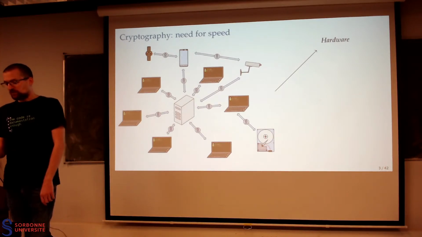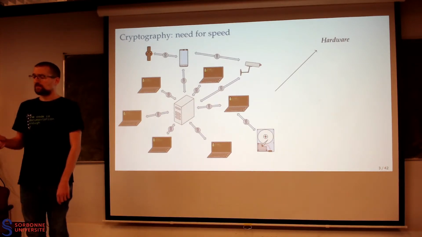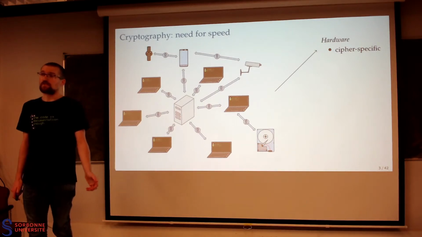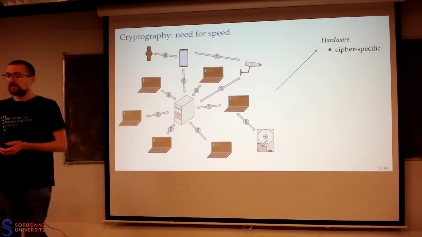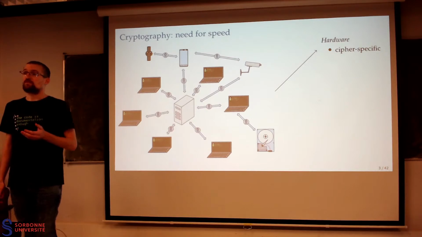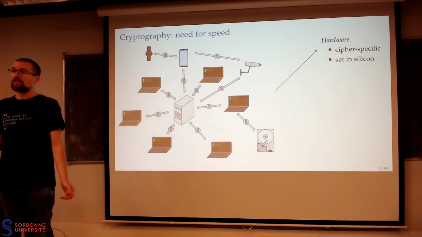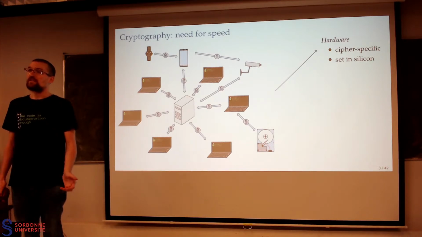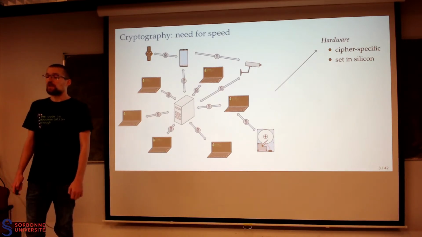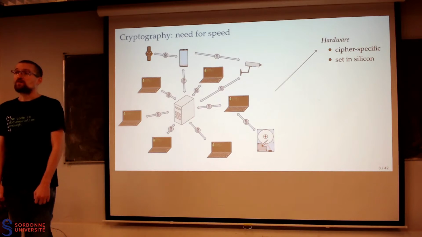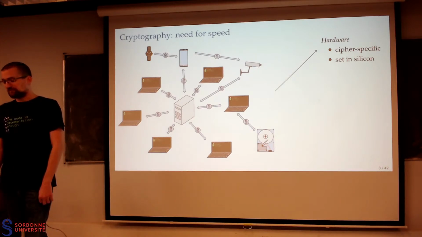However, that approach suffers from two drawbacks. First, it's cipher specific, meaning that if for some reason you want to use another cipher, you need new hardware. And it's very final. If there is a vulnerability found in your implementation, you basically have to buy new hardware or stop using that algorithm.